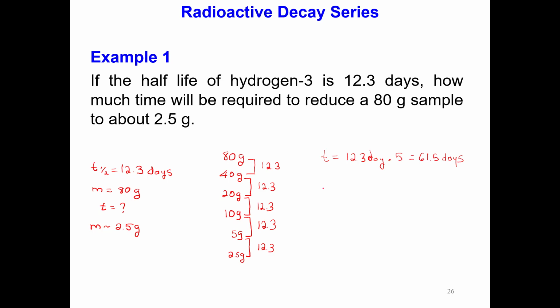So the time to reduce 80 grams of hydrogen-3 to 2.5 grams is 61.5 days.